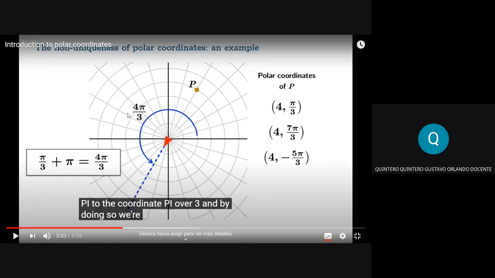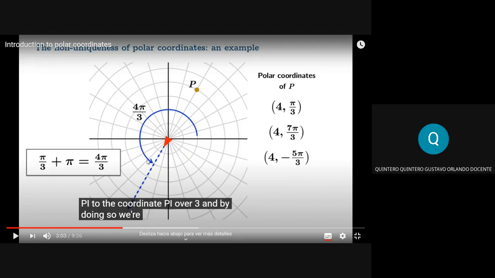Look, positive 4π/3, so upwards, counterclockwise. We landed here. But that is a difficulty, because we wanted to land in this line. This is where the point is. So we would think this angle doesn't work. We have to find a different angle.